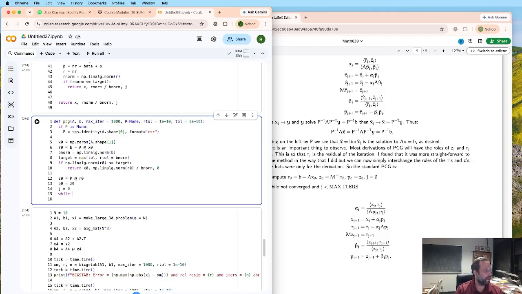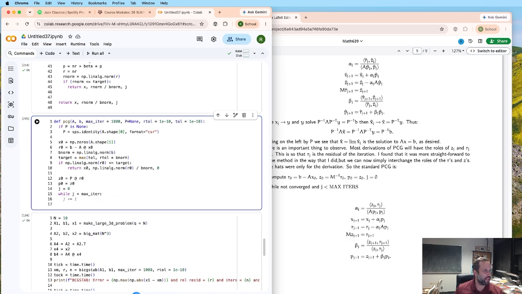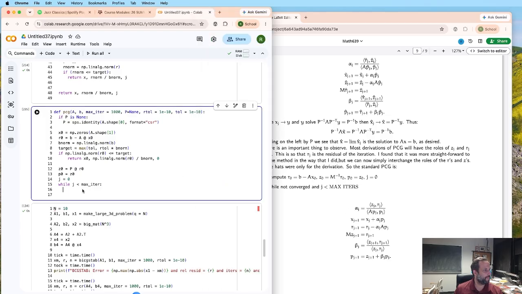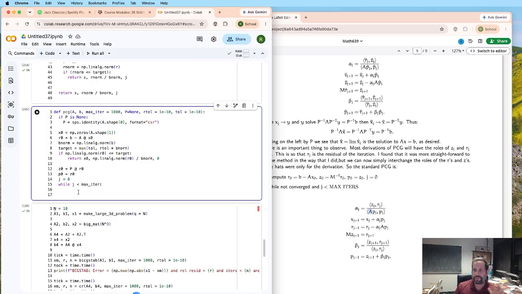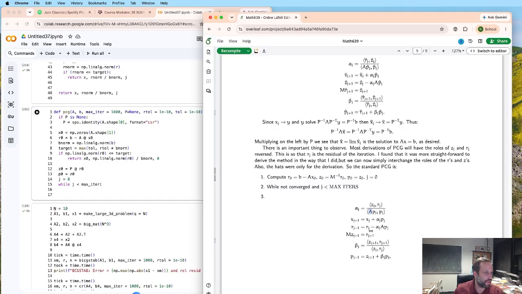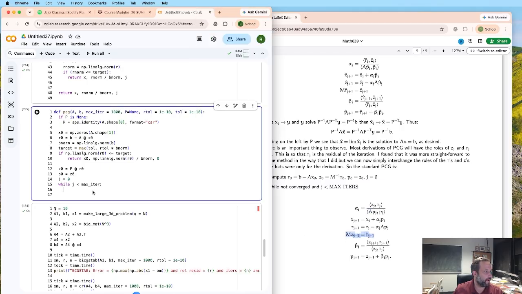So while j is less than max iter, we're going to do the following. Okay, so this right here is not the preconditioned A. That's just the A. So we're not going to have to do what we did before for BiCGStab and compute P times A. That A is just A. The way the preconditioner is felt is down there.